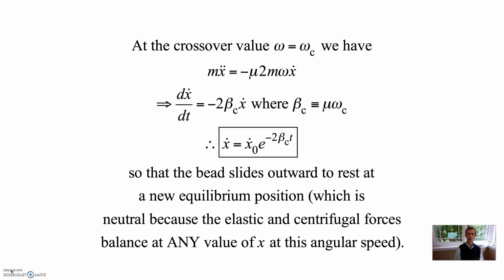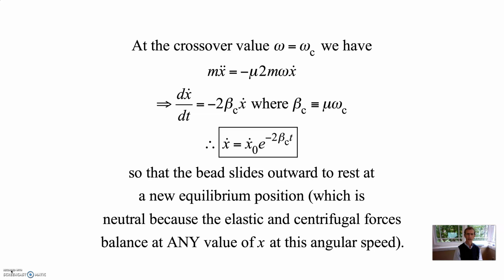And so the bead will slide, but it'll gradually come to rest at a new equilibrium position. And we can see here that the new equilibrium position must be neutral because the elastic and centrifugal forces will balance at any value of x, provided the angular speed is omega sub c.